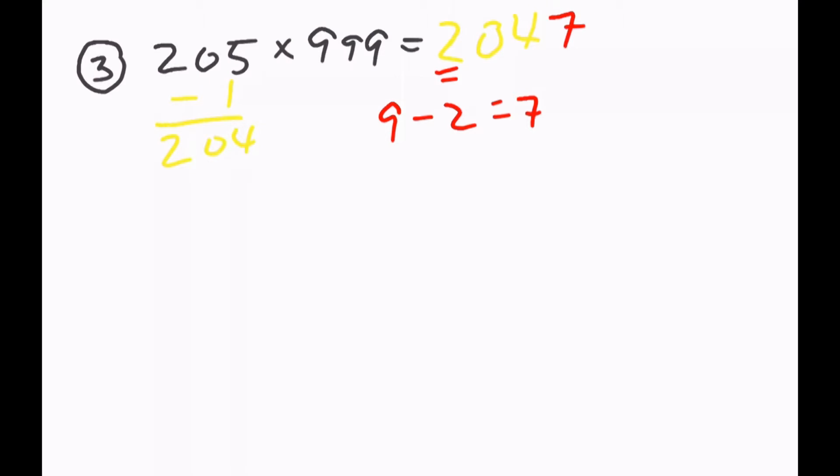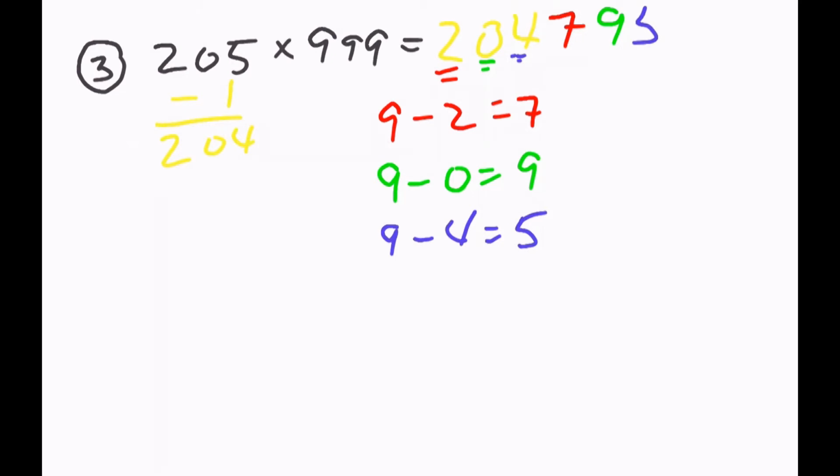Now we go to the next digit, 0. It's 0, but we still treat it the same. The nines complement of 0 is 9 minus 0, which is 9. So append a 9 there. And then the final digit, we work with that 4. What's the nines complement of 4? 9 minus 4 equals 5. So our answer will have a 5 there at the end.